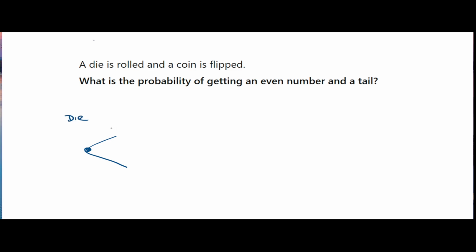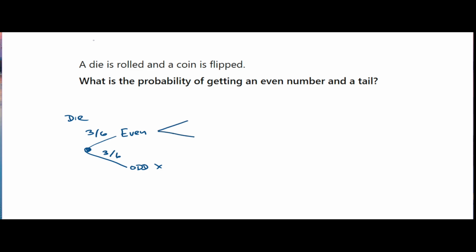So this is even, this is odd. How many evens are there? There's 3 out of 6. And there are 3 out of 6 odd ones. And we don't really need to worry about this now. What is the probability of getting an even number and a tail?